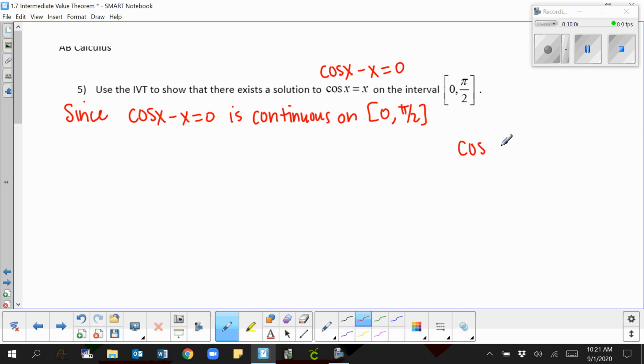So I'm going to look at the cosine of 0 minus 0, and I'm going to look at the cosine of pi over 2 minus pi over 2.